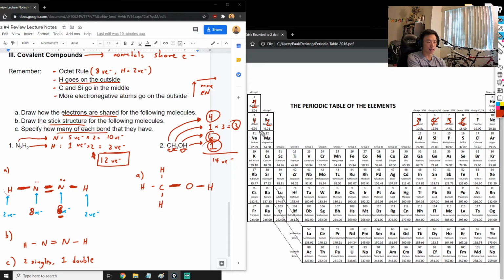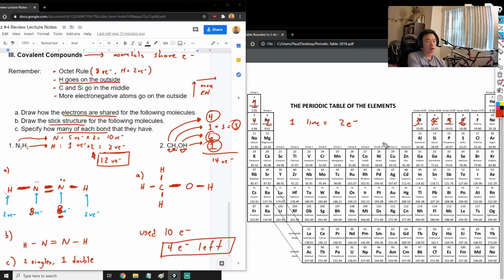Every line is 2 electrons. And so let's count how many electrons we use. We have 1, 2, 3, 4, 5 lines. If we have 5 lines, that means we used 10 electrons, and we only can have 14, so that means we have 4 electrons left. Okay, we can only use 4 more.